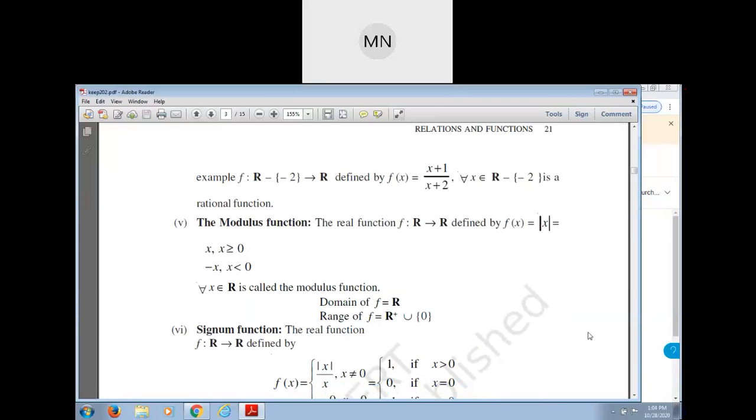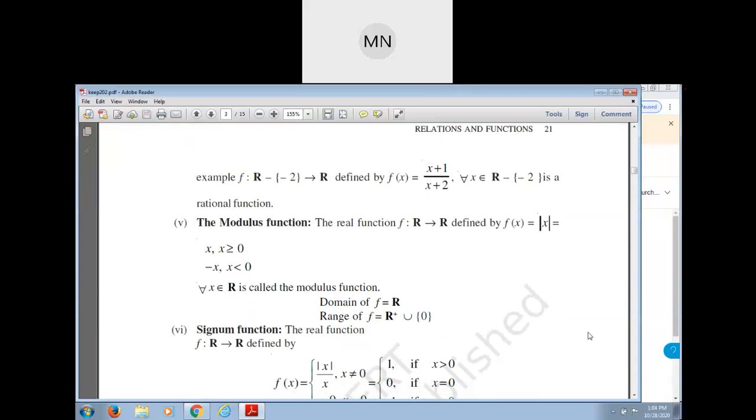Modulus function. Remember this definition because it comes in the limit part also. When we discuss limits, there are some problems related to the modulus function. So try to remember the definition.